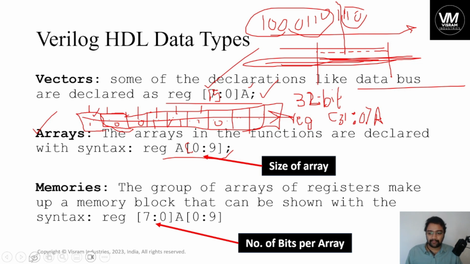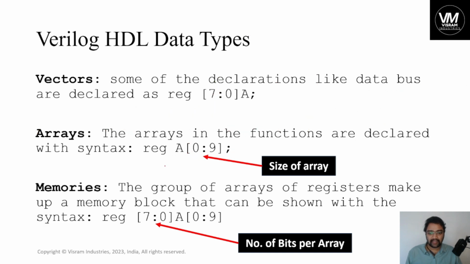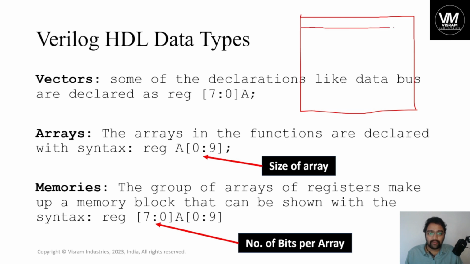So in this way you can see the array. And how do we make memory? It is a matrix. Imagine a square box, which is a square box of memory. You need to declare how many arrays you need to have in this.